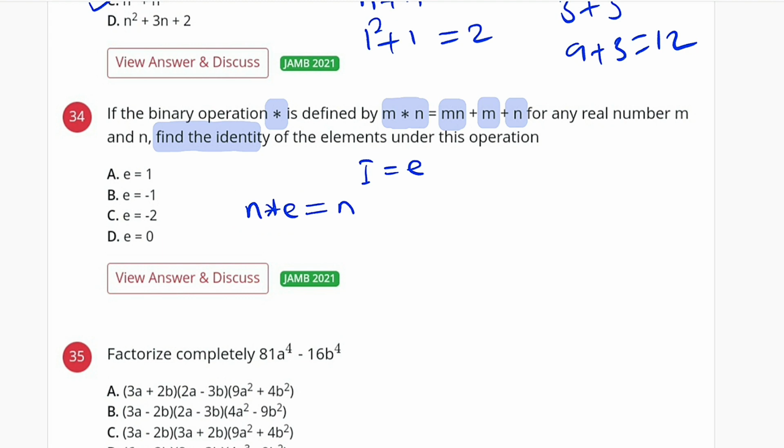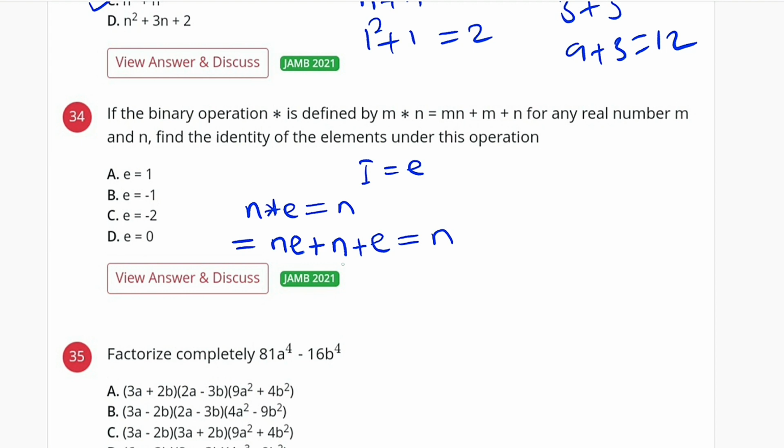From the definition, if you have m asterisk n, it is the same thing as mn plus m plus n. So now let us relate this. Therefore, this will be n multiplied by e, then plus n, then finally plus e. And it must give us this same number n, because identity won't change it.